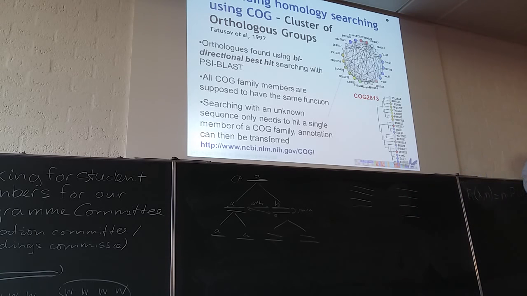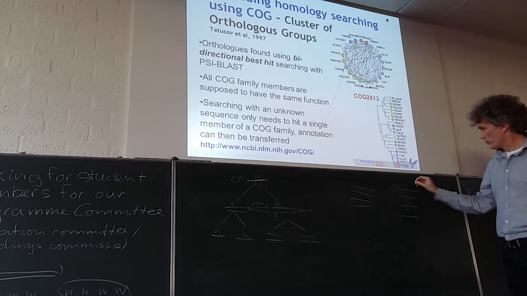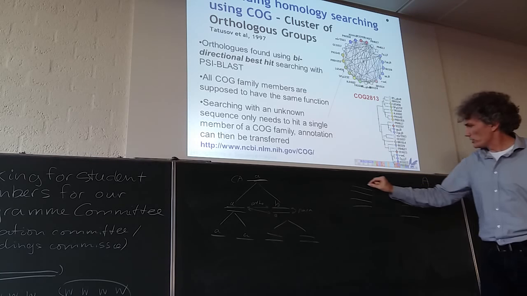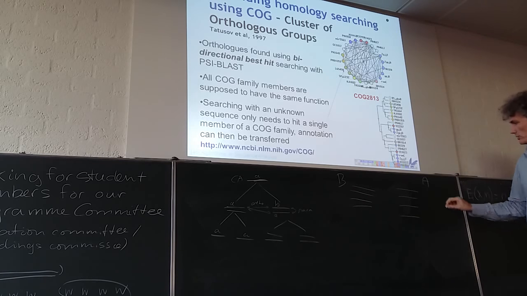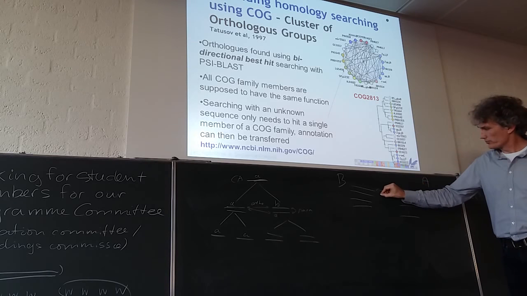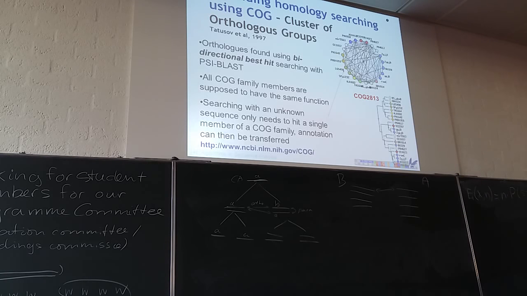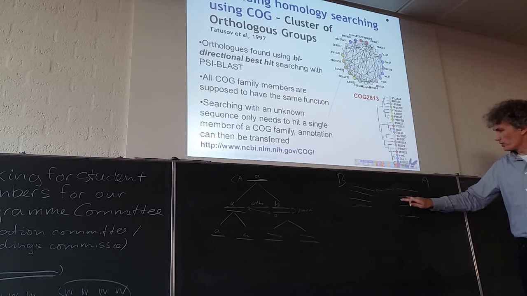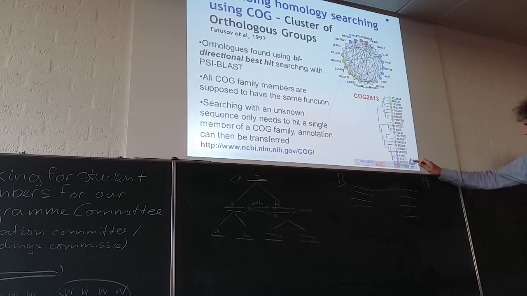You have one query protein, and you have hits from species A and from species B. You have a couple of hits. Now, which ones are orthologs? Well, the best ones, yes.